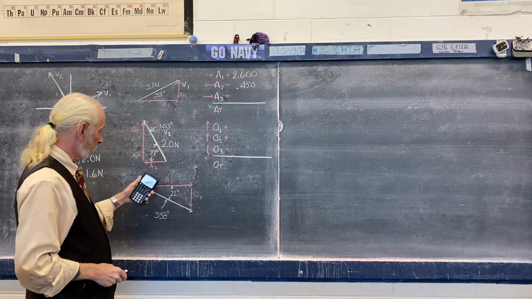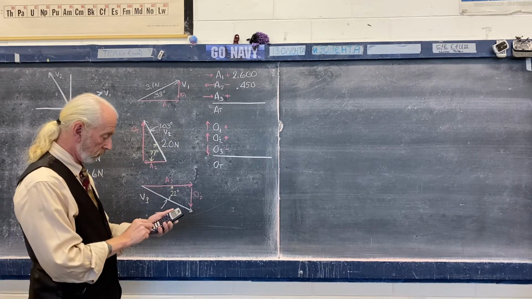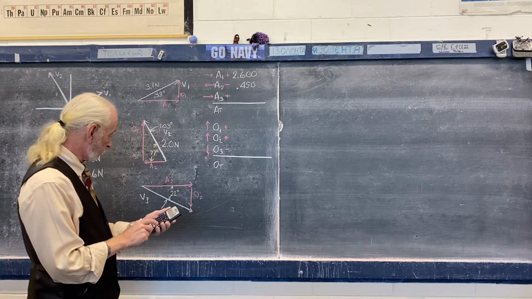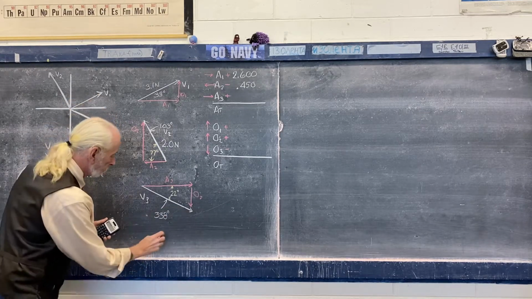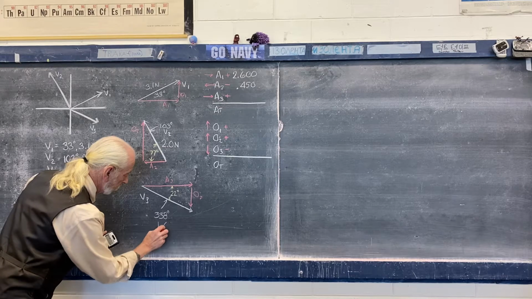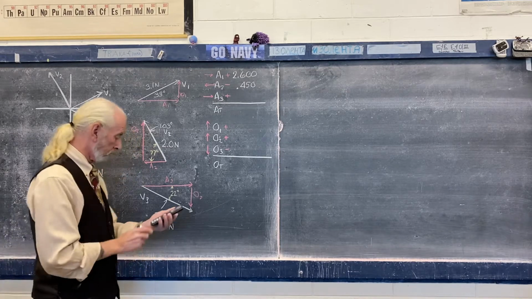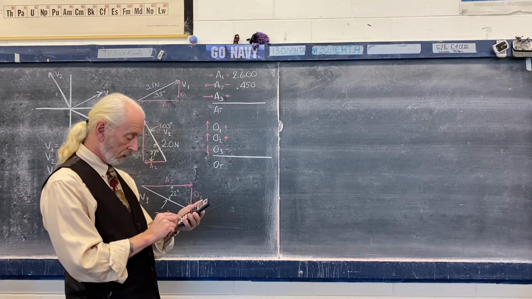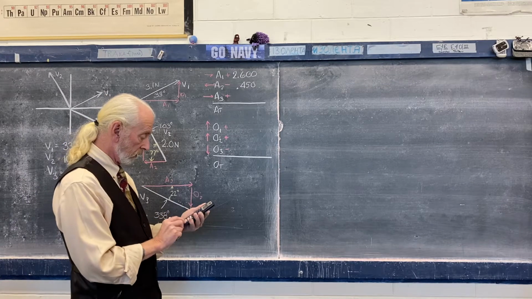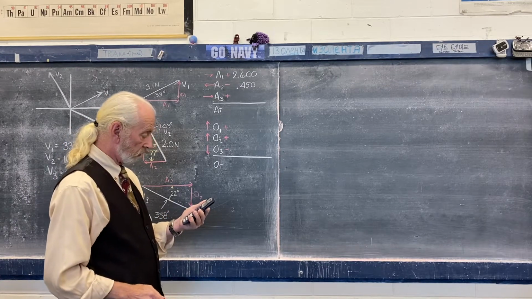A3, cosine of 22 times my hypotenuse of 1.6 newtons. I've got to put that there. I got 1.483.